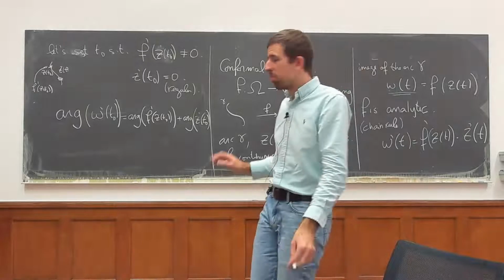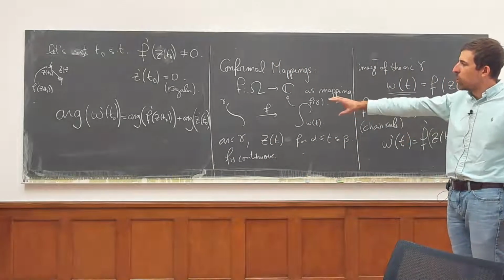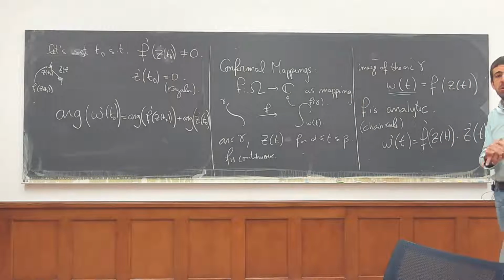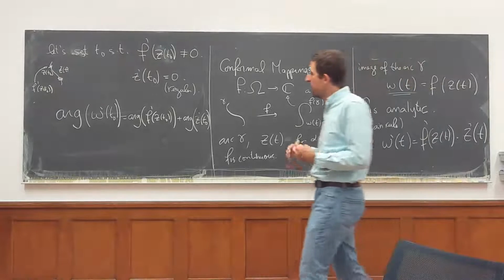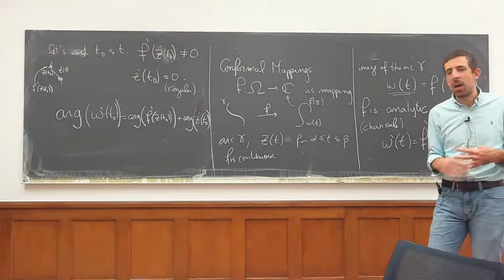So this might not seem like much happened. We just took the chain rule, assumed these numbers weren't 0, took arguments, and used the fact that the argument of the product is the sum of the arguments. But now something very interesting happens.